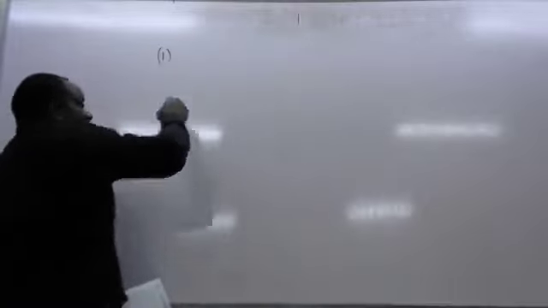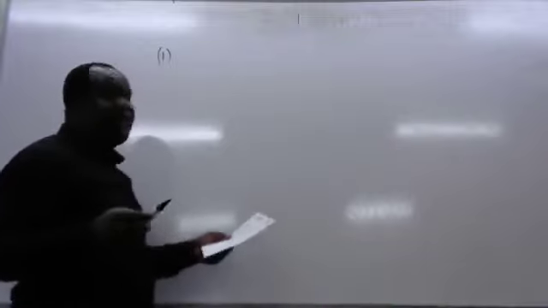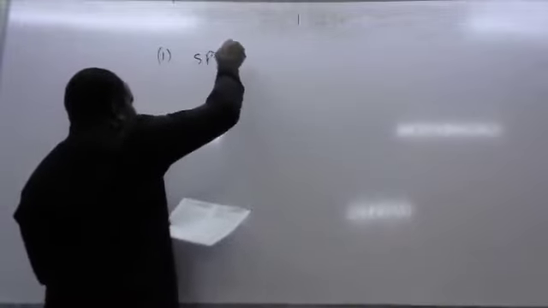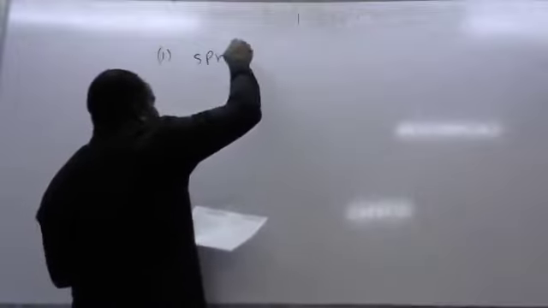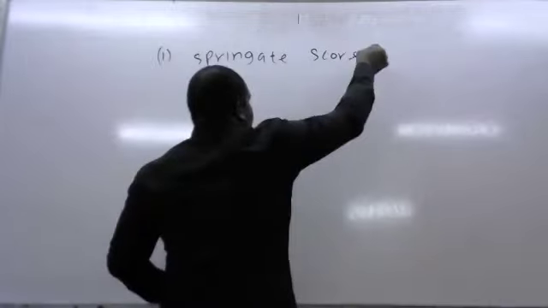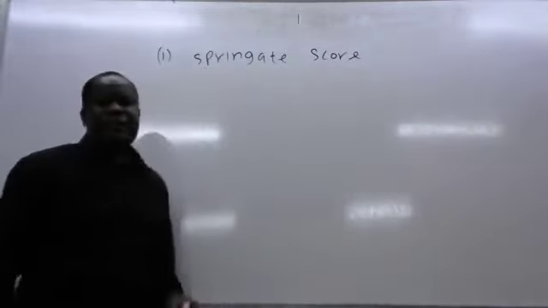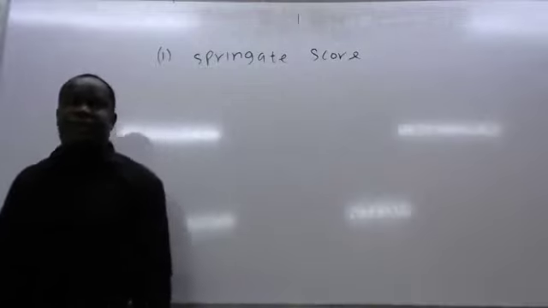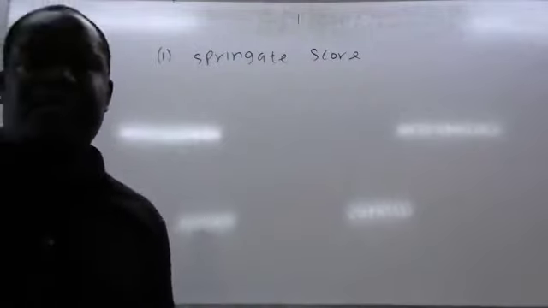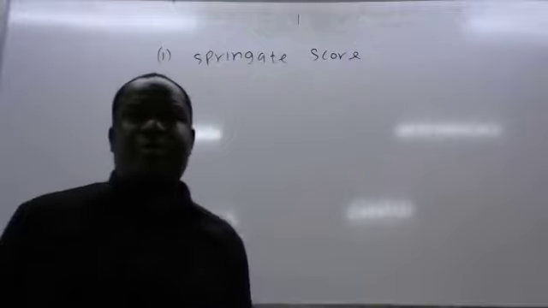That model, when you check through the notes, has been indicated as the Springate score. That will be the first model which I want us to discuss among the models of predicting the corporate failure.